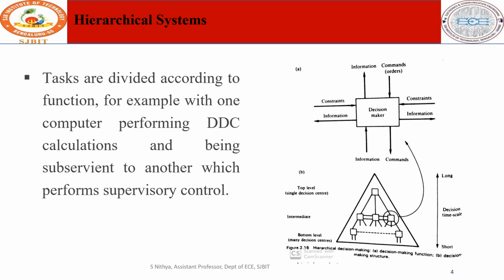You can see the hierarchy is divided: one single system at the top, three systems below it, and two systems at the bottom level. So it is divided depending on the operations.